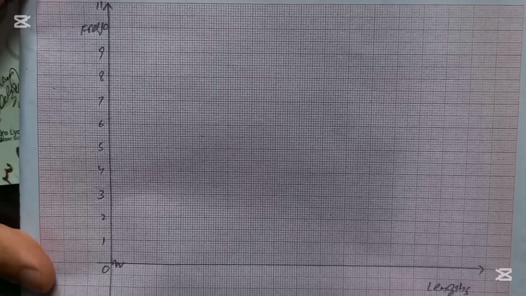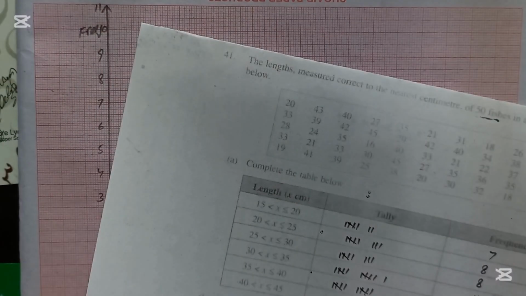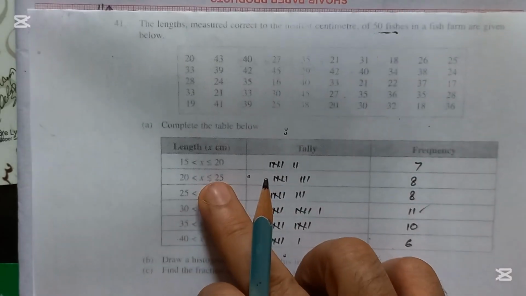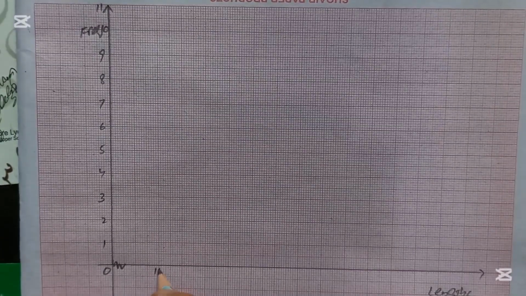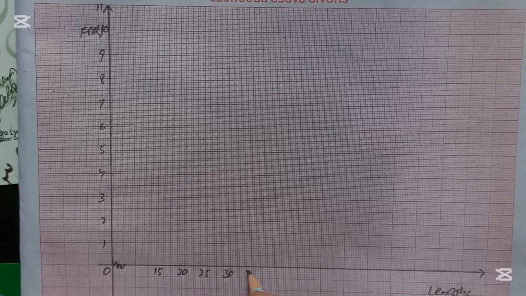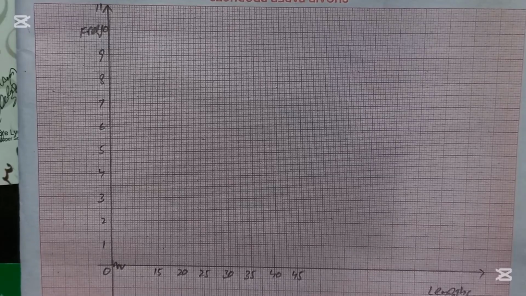And now on the horizontal line, values are from 15 to 45. So suppose this is 15, 20, 25, 30, 35, 40, and 45. Now we are going to draw the histogram.